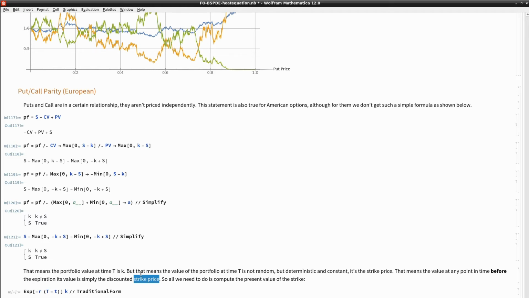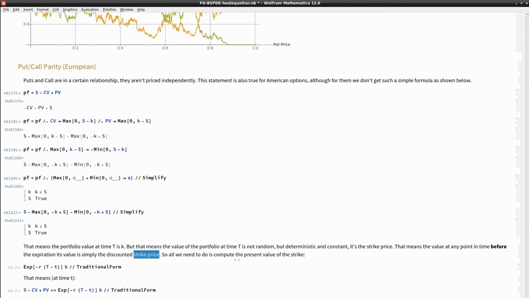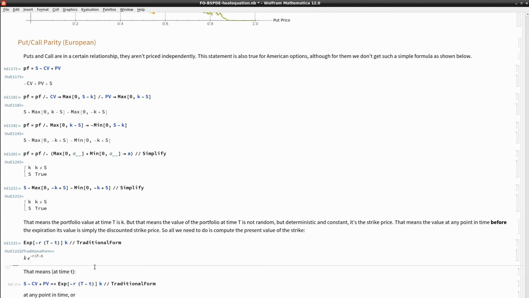Then right now the value has to be the discounted value of K. So all we need to do is compute the present value of the strike. So all we do is take K and we discount it. And again, that is by multiplying with e to the minus r. Note that for the net present value, you need to take the negative of the interest rate. So this is what we have as the value of our portfolio right now. It's going to be K in the future, but it's this expression right now.